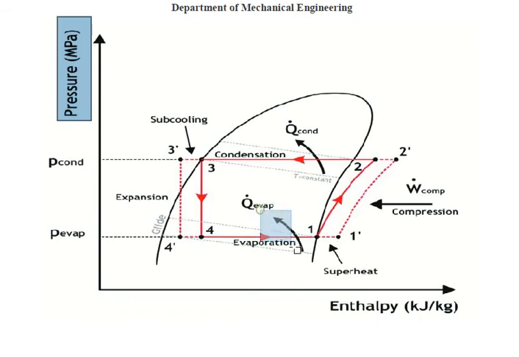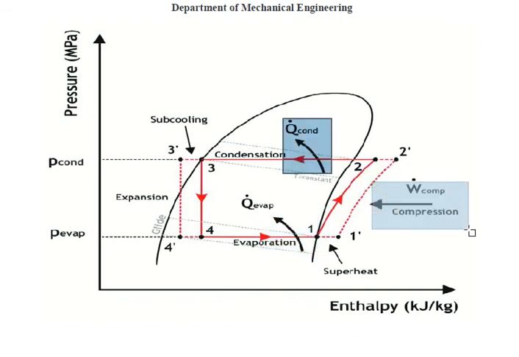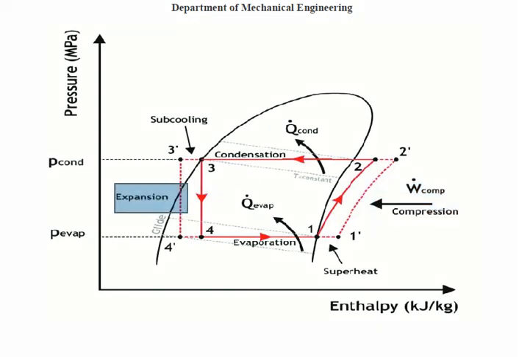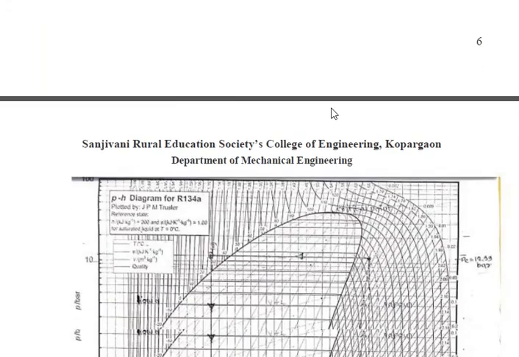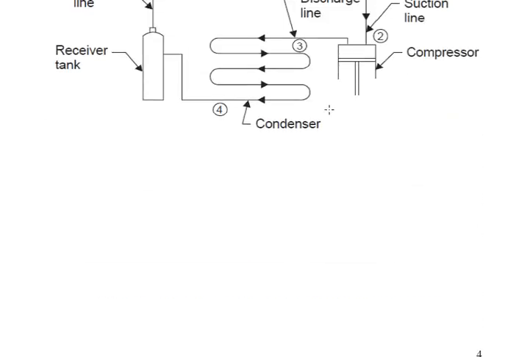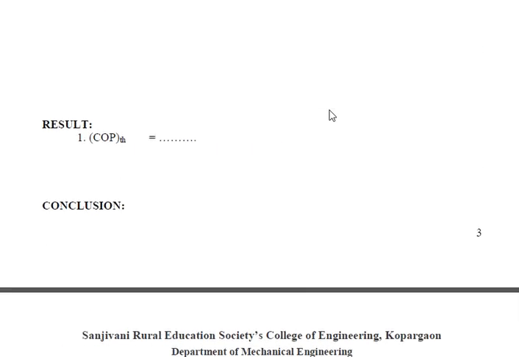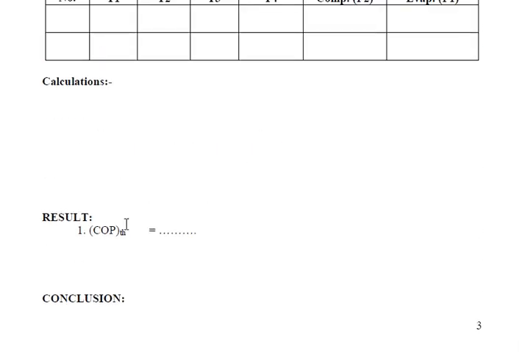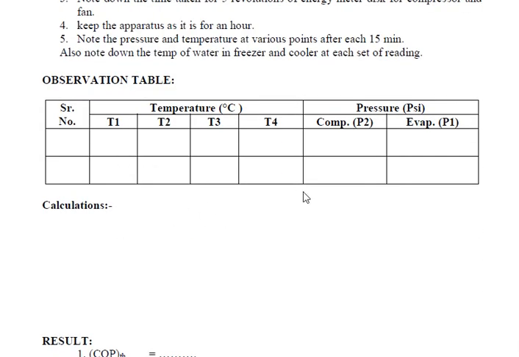You can see evaporation, heat absorption, heat rejection, this is compression, that is work input, and this is expansion. So this is all we have got here. So COP is 9. The same is explained at the bottom.